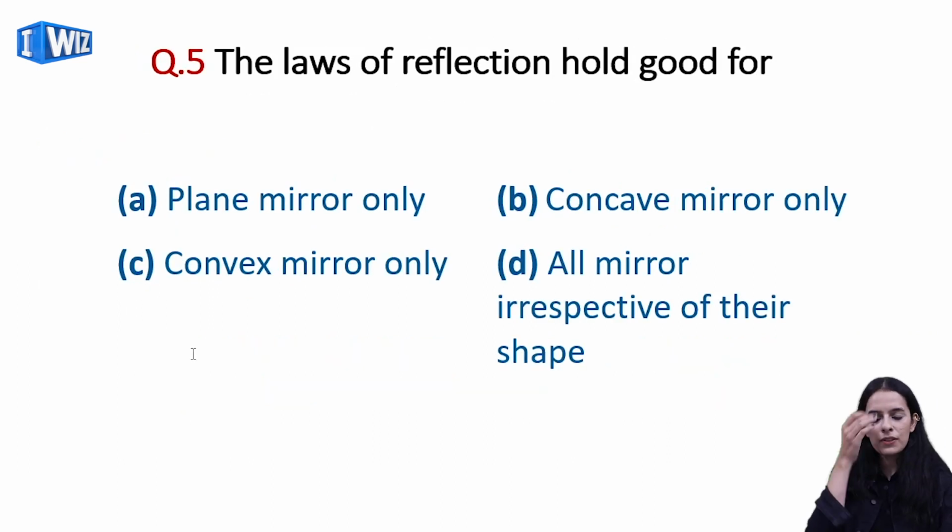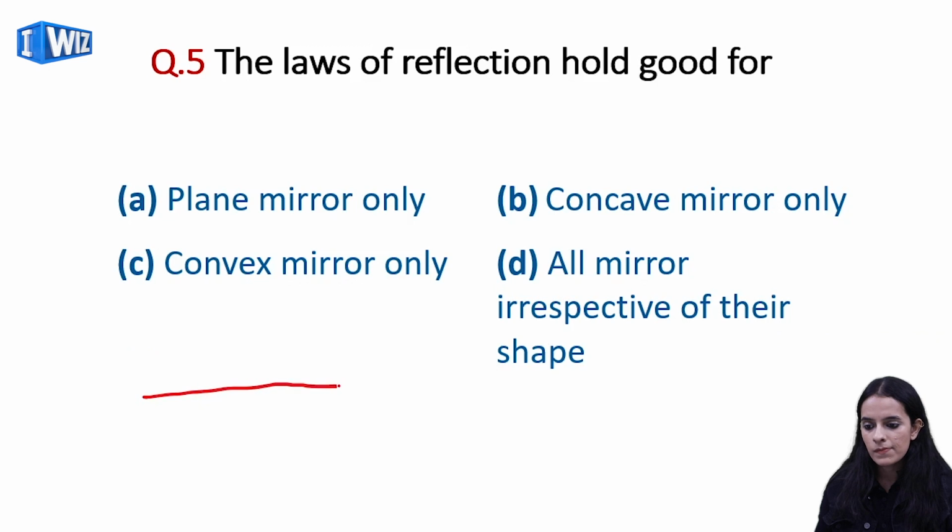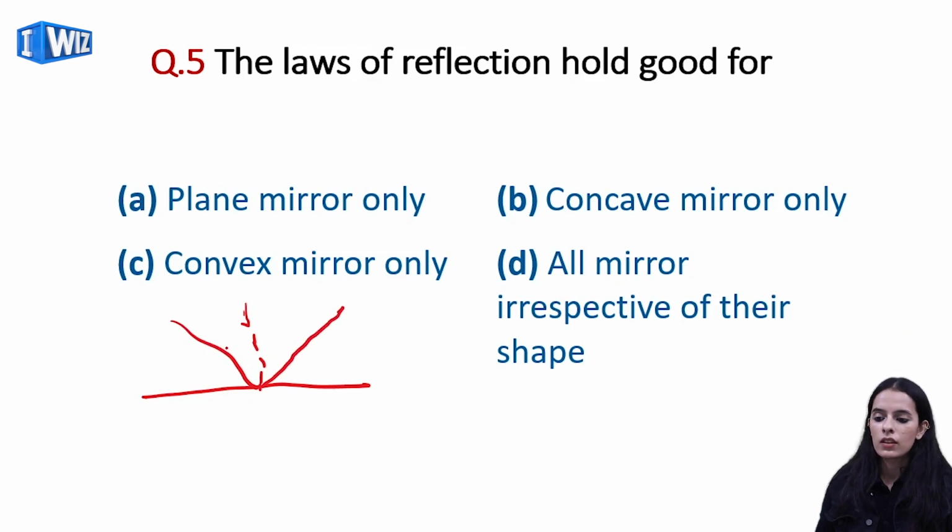The laws of reflection hold good for. What are the laws of reflection? I hope you have an idea of it. There are two laws of reflection. The first law is, this is the incident ray. Let's say this one is the normal. When a ray of light strikes the mirror, it bounces back. It just changes its path.